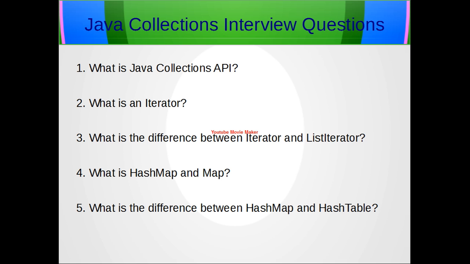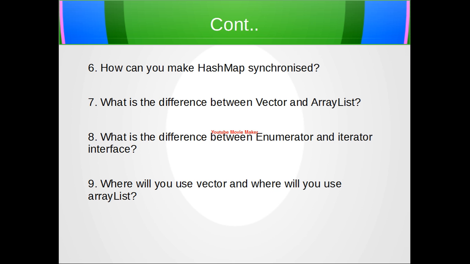This wouldn't be as easy if you were using Hashtable. HashMap is not synchronized, whereas Hashtable is synchronized. The iterator in HashMap is fail-fast, while the enumerator of Hashtable is not. So this could be a design consideration. So this was the difference between HashMap and Hashtable.